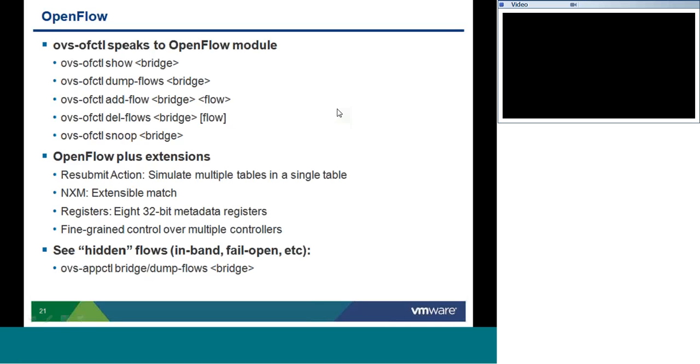I had a question on port numbering when you do the dpctl show. The port numbers that you get and the ones OpenFlow assigns are not the same, right? Yes, there is a lot of confusion there. The question was about the data path port numbers versus the OpenFlow port numbers.